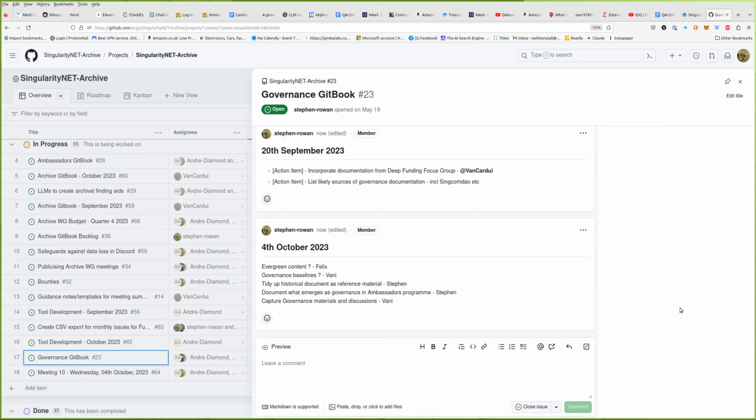The main topic is just that most of the current ambassadors are not that familiar with Web3 ecosystems, actually. And when it comes to governance, we can't expect highly knowledge-backed input there.